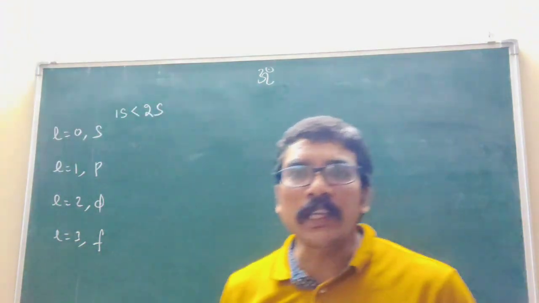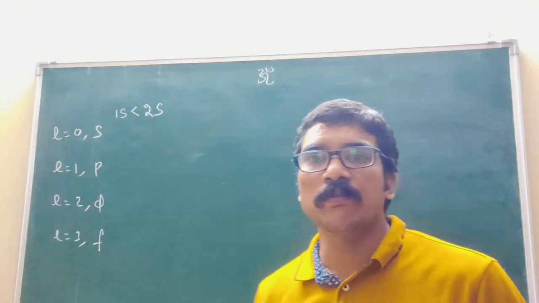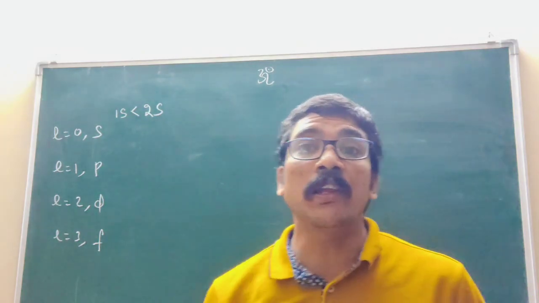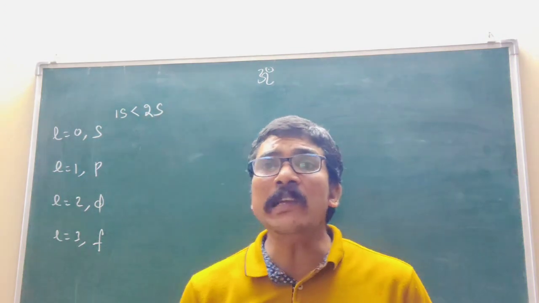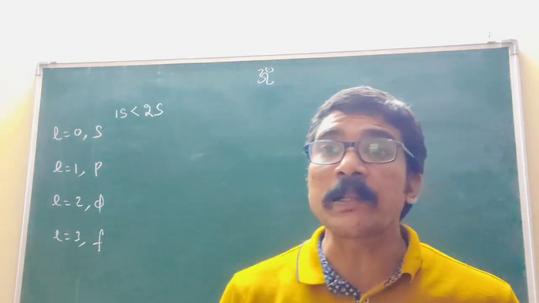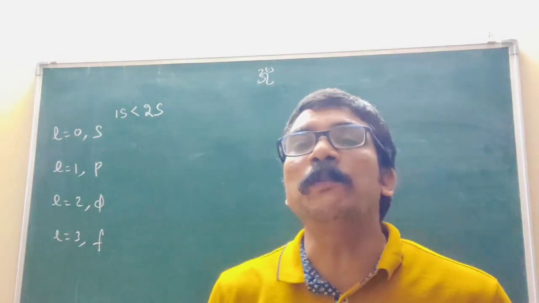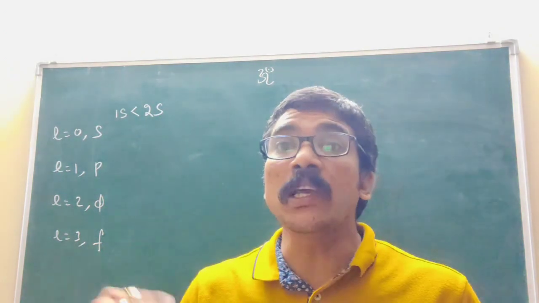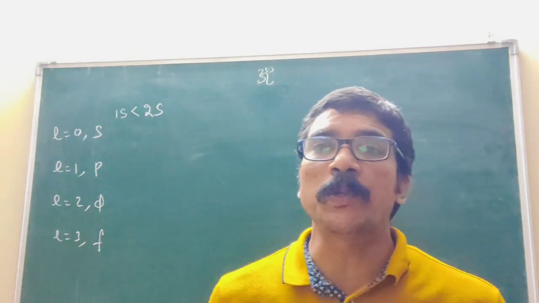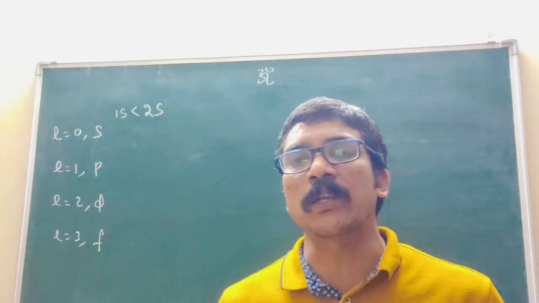By using these n plus l values, we construct the Aufbau diagram. The Aufbau diagram is completely dependent on the n plus l rule. After complete filling of lower energy, only then does the electron enter into higher energy; that is the Aufbau principle. What is the n plus l rule?